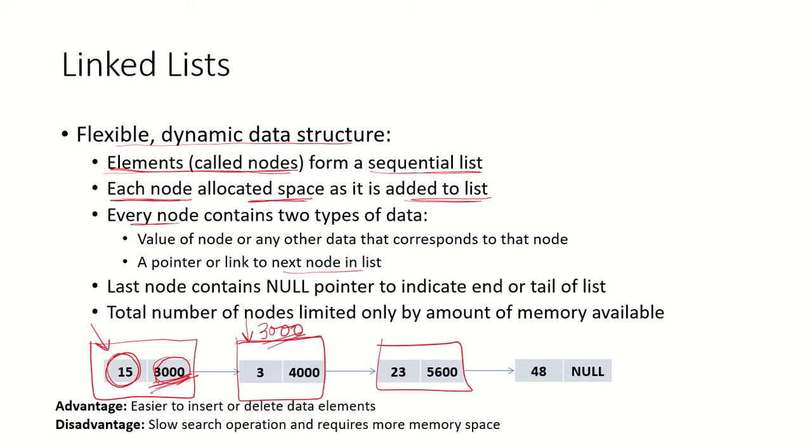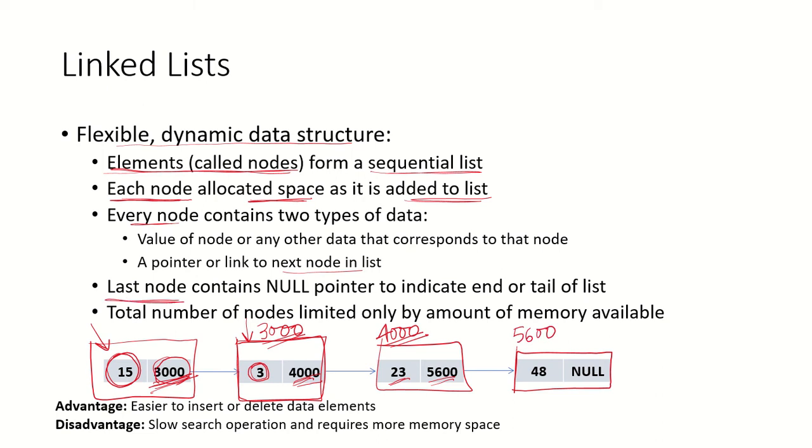At 3000, this node has a value of 3 and a pointer to the next node in the list. So the next node is at memory location 4000. This node at 4000 has a value 23 and a pointer to the next node, which shows that the next node is at memory location 5600.